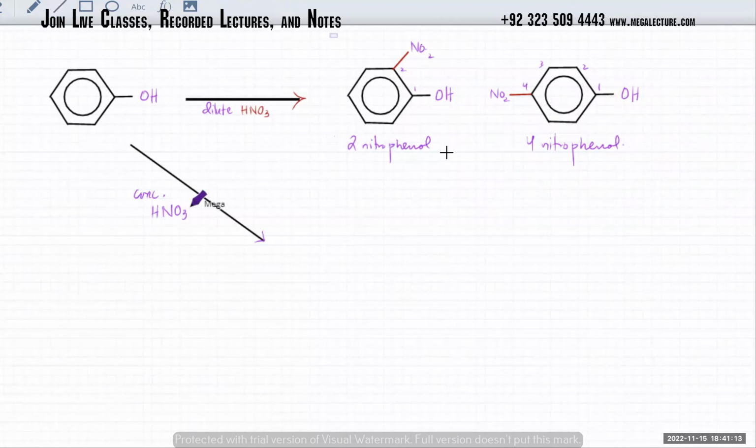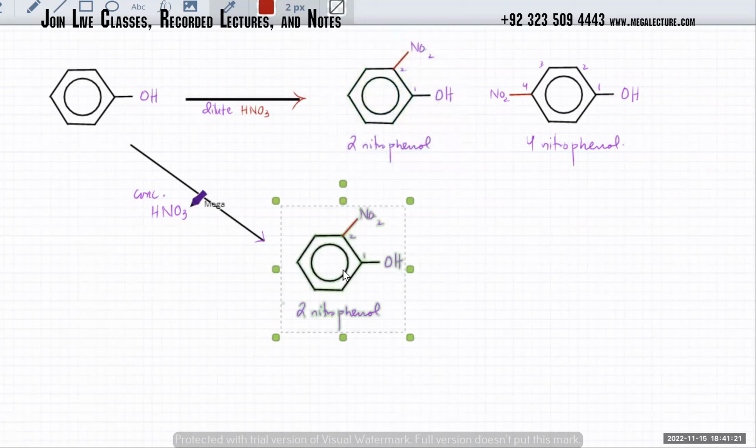So then what will happen is, because the benzene is so activated, it's so activated that the NO2 gets attached to all positions.